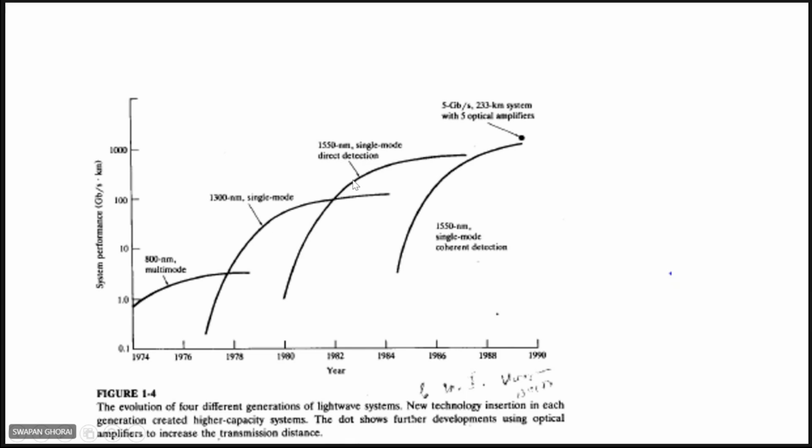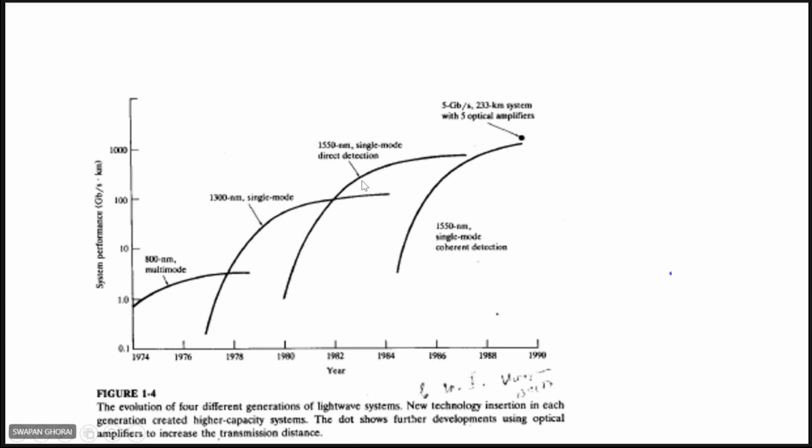The third generation actually started at 1550 nanometer wavelengths, after 1980. At this typical wavelength, attenuation is minimum. Of course, attenuation is less elsewhere too, but overall attenuation is minimum at 1550 nanometers.